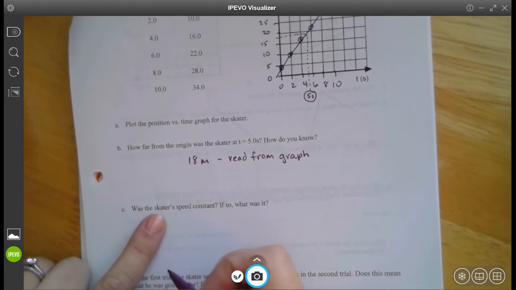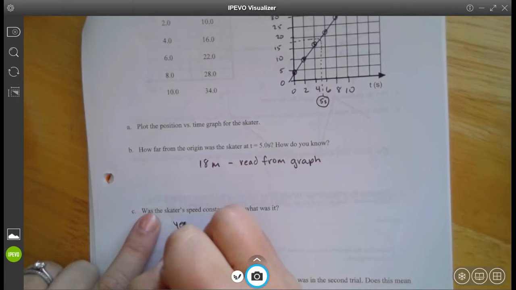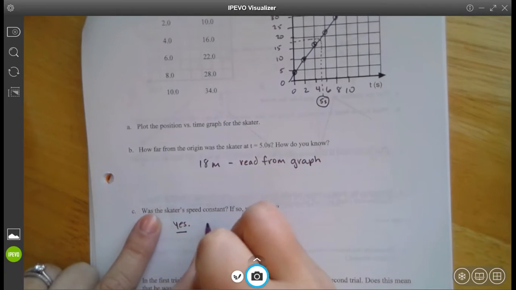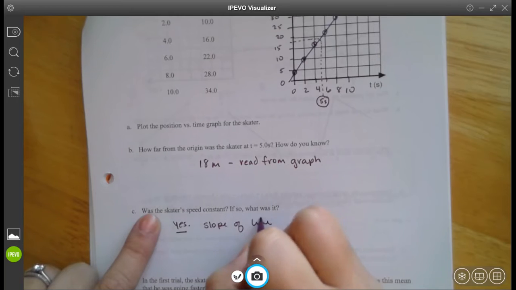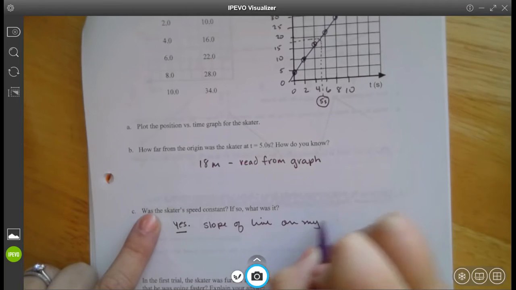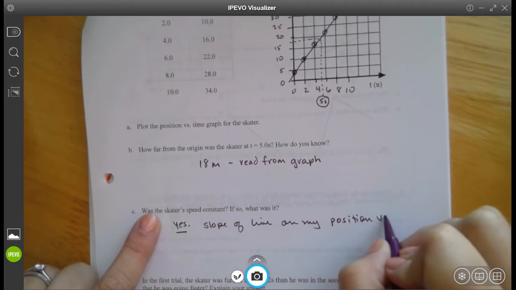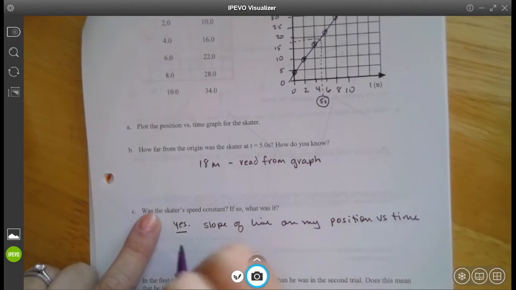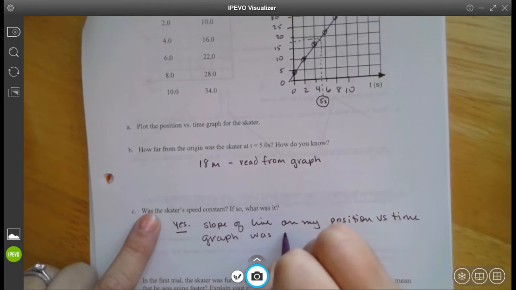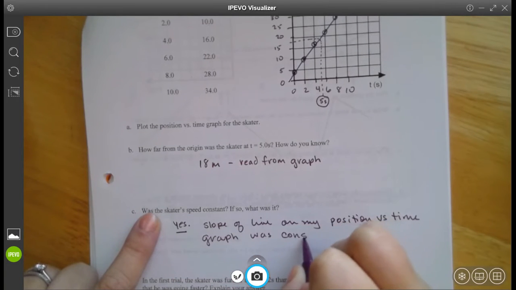Just like yesterday, we can say, yeah, I think that the skater's speed was constant. And I know that because the slope of the line on my position versus time graph was constant. So my slope was constant.